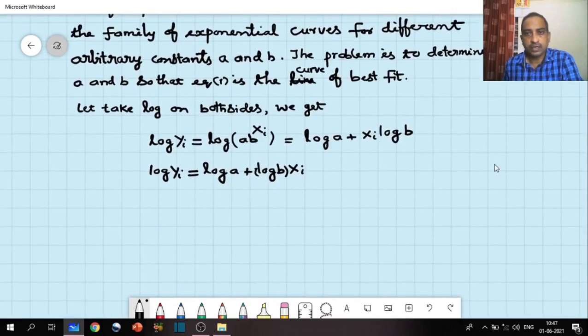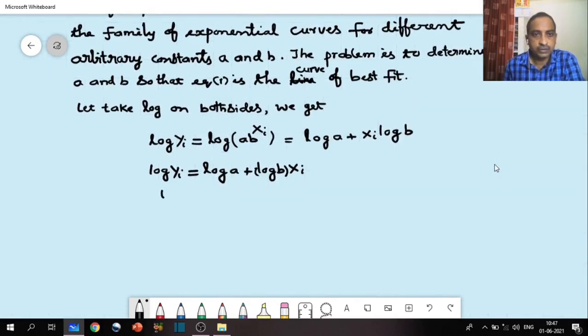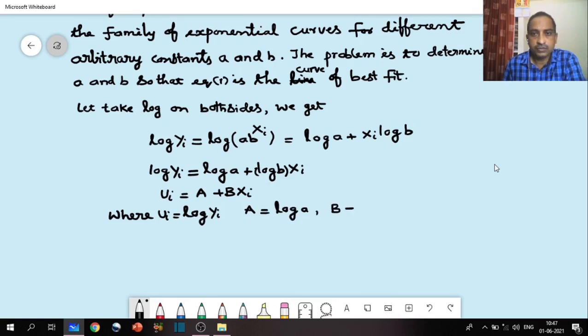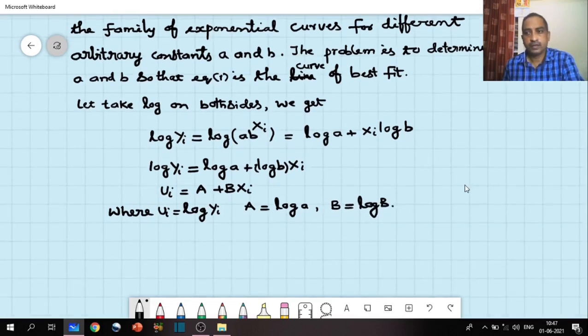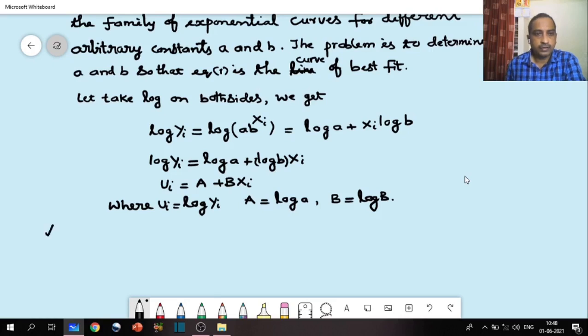So now I denote this as ui equals capital A plus capital B xi, where ui equals log yi, capital A equals log a, and capital B equals log b.